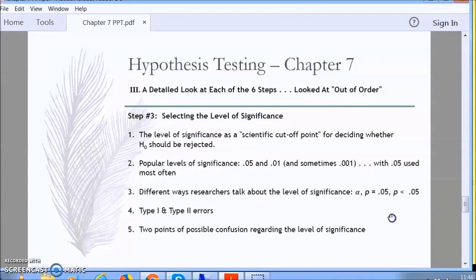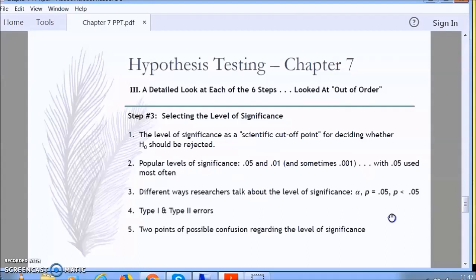The type 2 error is actually affected by other features such as the sample size, population variability, and the reliability of the measuring instrument used to collect the data.